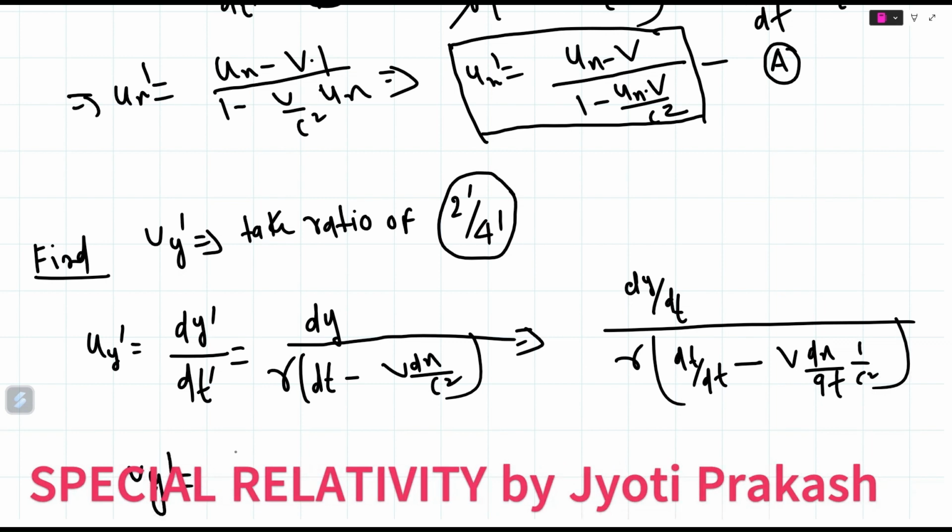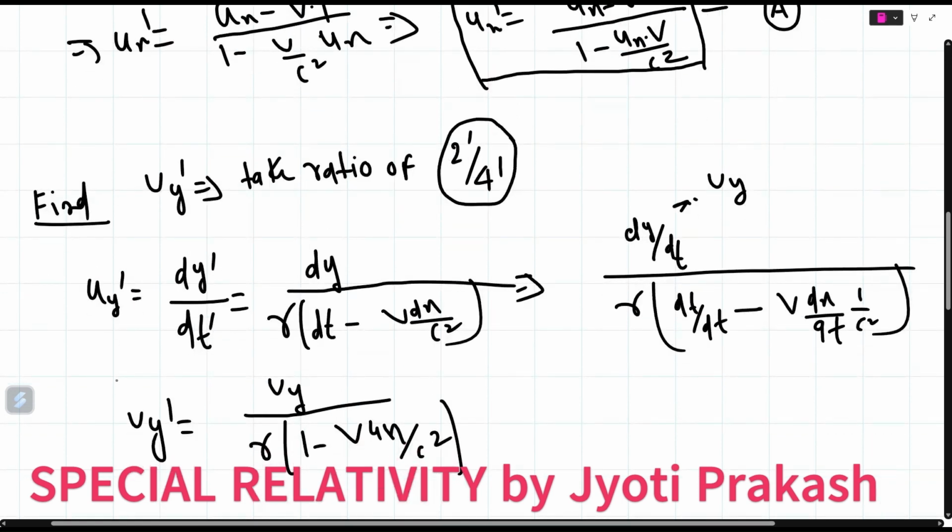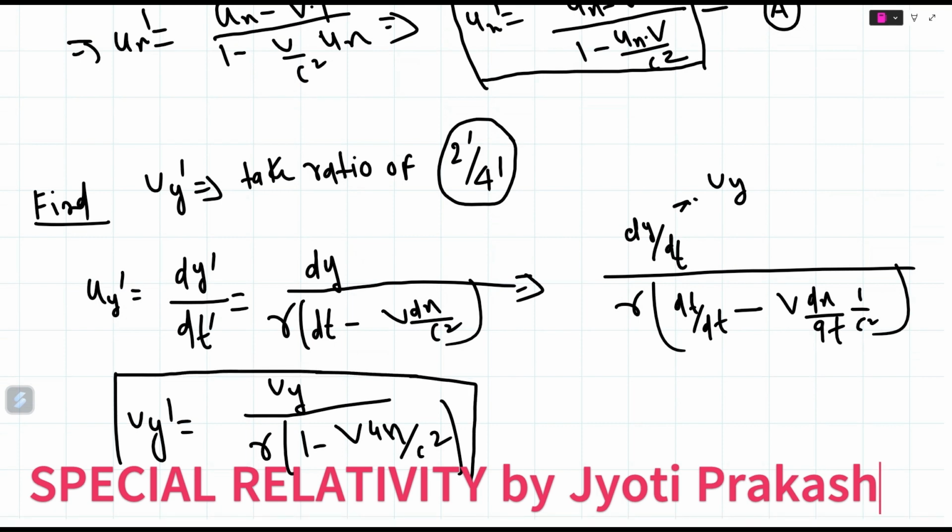Finally, uy prime equal to uy, because dy by dt is uy, divided by gamma (1 minus v ux by c square). This is the y component of velocity in the S prime frame for a given uy in the S frame.